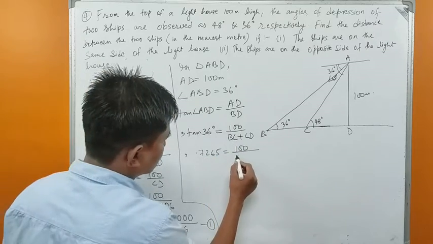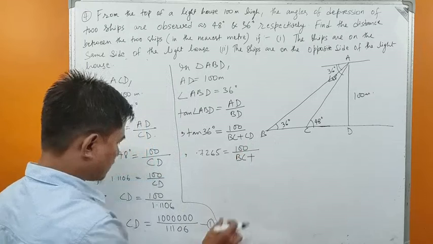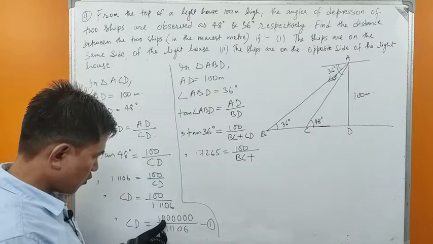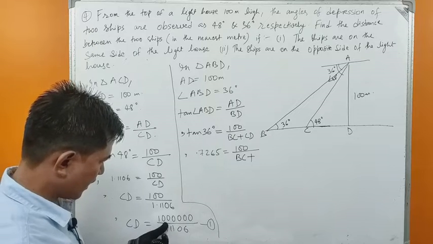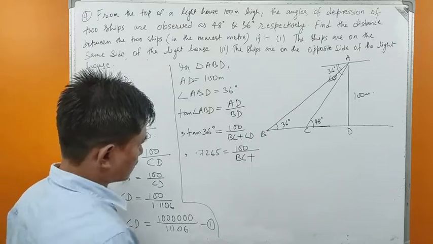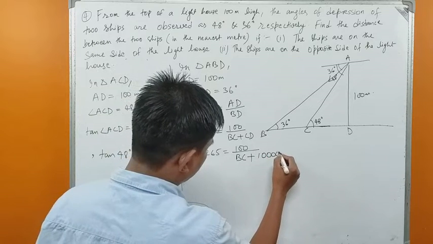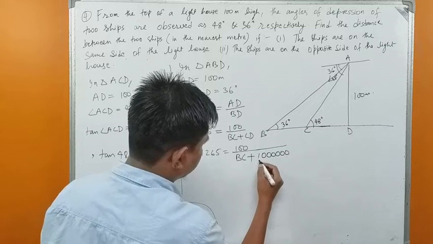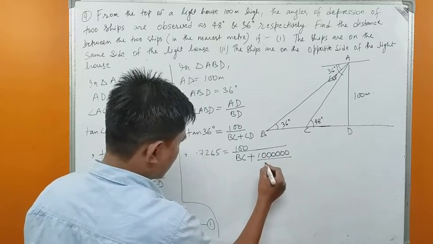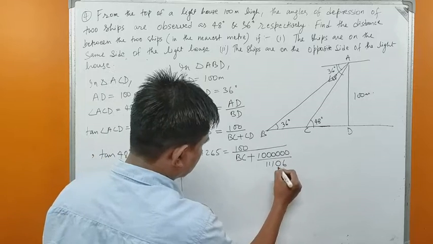BC is not known to us, this is what we are asked to find. CD we found as 10 lakh divided by 11106.